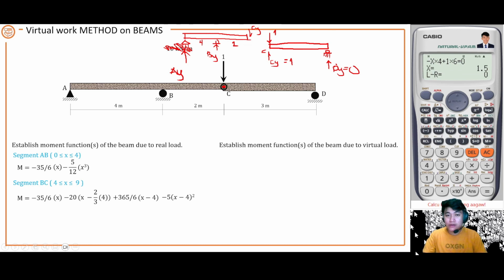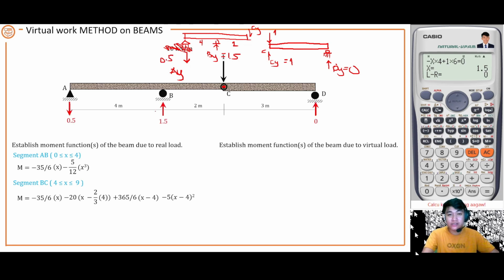Solve, so you have BY equal to 1.5. And then summing forces vertical, this is 1, this is 1.5. So AY should be downward, which is equal to 0.5.